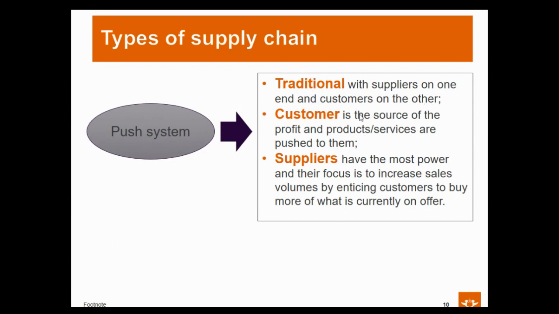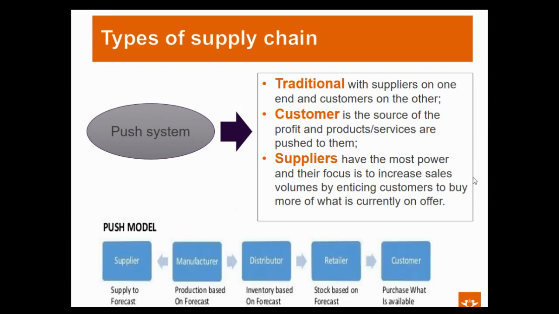In such a system, the customer is perceived as being the source of profits, and products and services are pushed to them. In this system, suppliers have the most power, and their focus is to increase sales volumes by enticing customers to buy more of what is on offer. So the customer doesn't actually have a choice. They are offered products and they have to buy it.